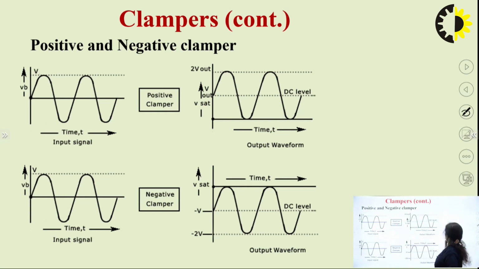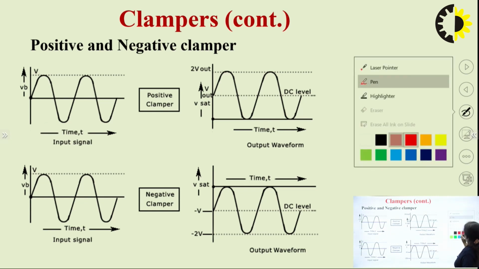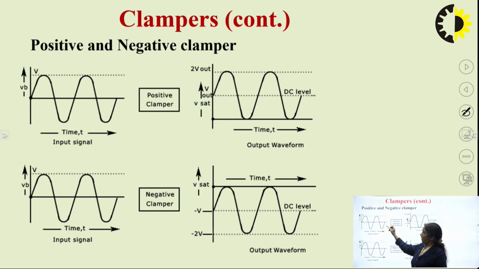Here is the input signal which is passed through the clamper circuit, and here is the DC level. We can see that the DC level gets shifted downward. That means if the DC level is shifted downward, your signal is shifted upward. So this is the positive clamper.